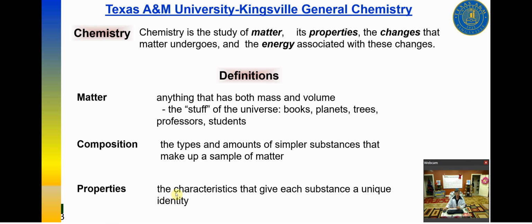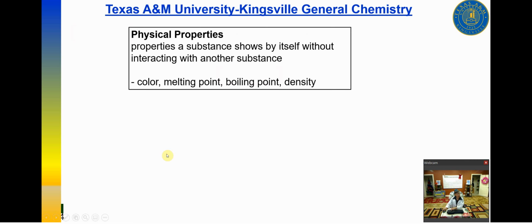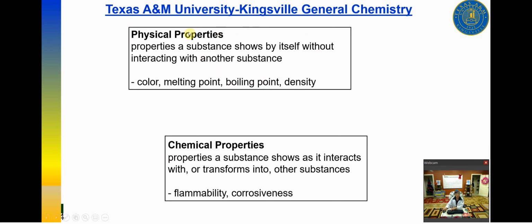Properties refers to the characteristics that give each substance a unique identity. Properties can be of 2 different types: physical properties and chemical properties. Physical properties are usually shown by the matter itself without interacting with other substances, for example the color, melting point, boiling point, and density.